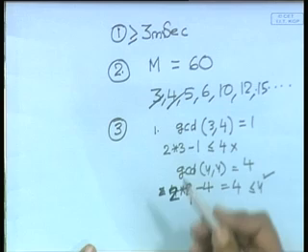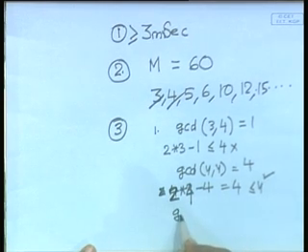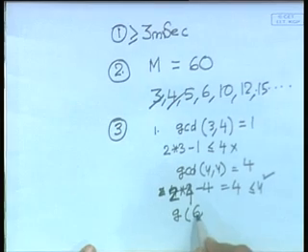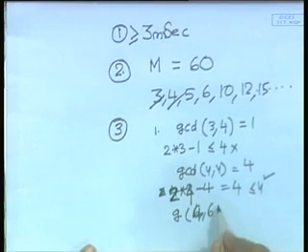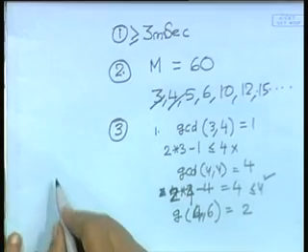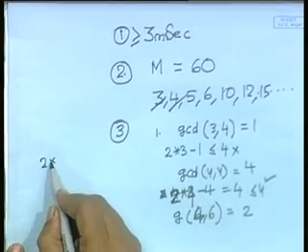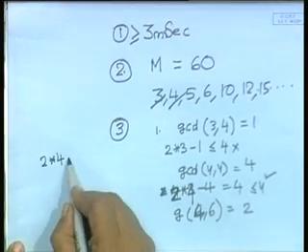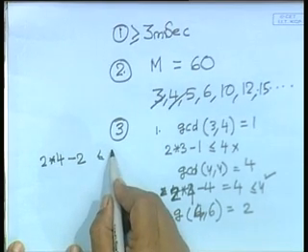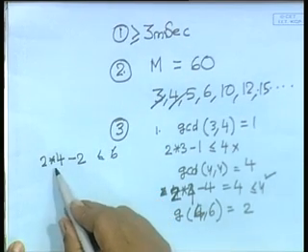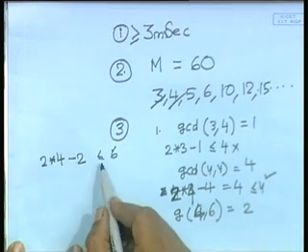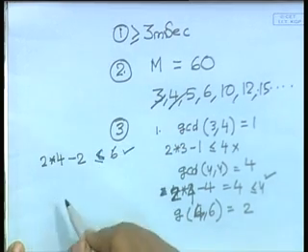Now, for the second task, the GCD of 4, 6 is 2. So 2 into 4 minus 2 is 6, which is less than or equal to 6. It is satisfied for the second task also.